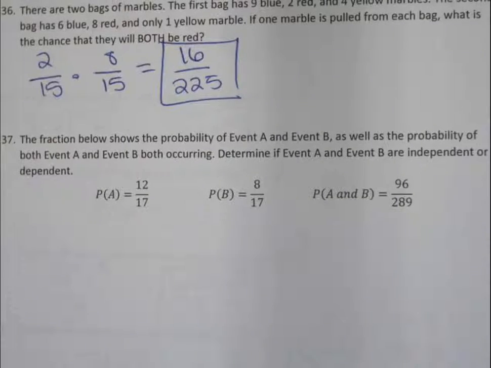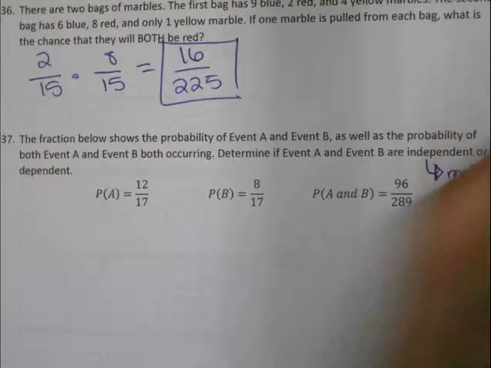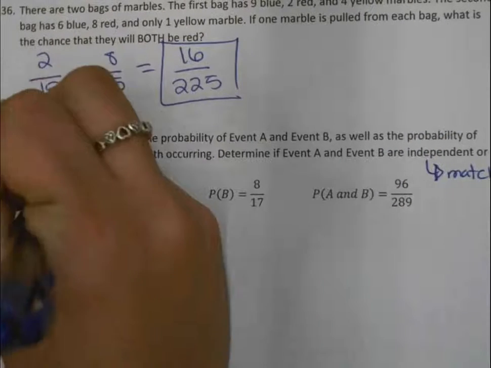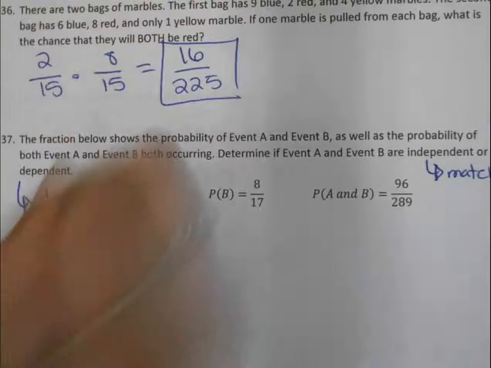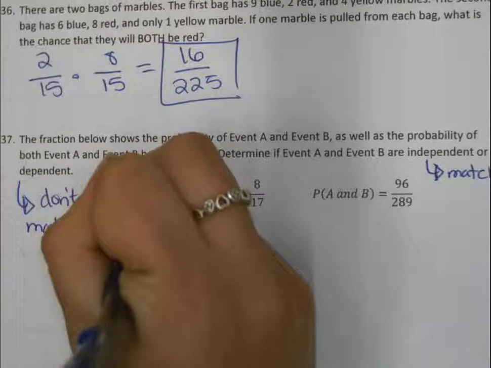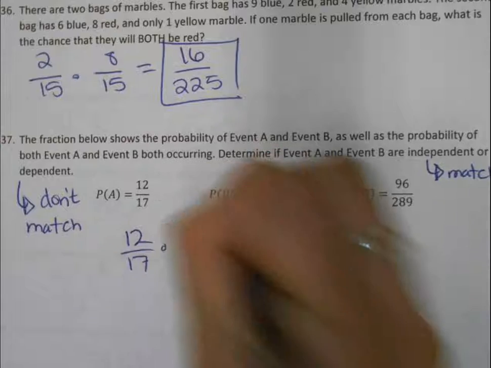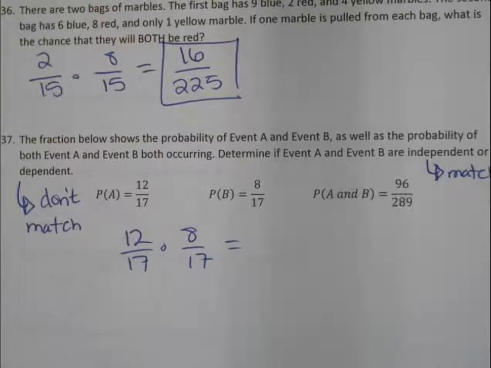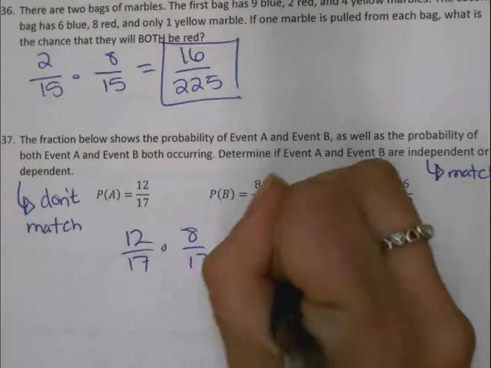Last one is asking for independent. This is when they match. Dependent is when they don't match. Okay, so what I'm going to do is take my two fractions, 12 over 17, and multiply by 8 over 17. I multiply straight across. 12 times 8 is 96. 17 times 17 is 289.